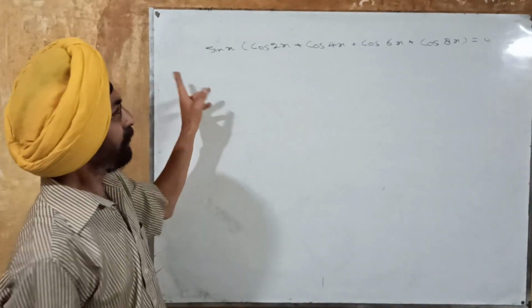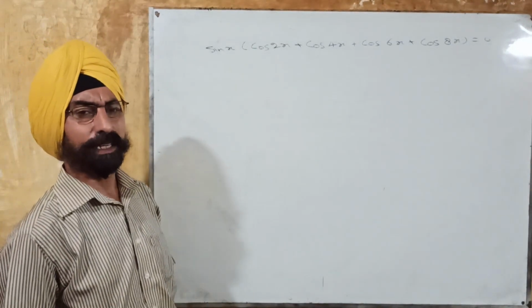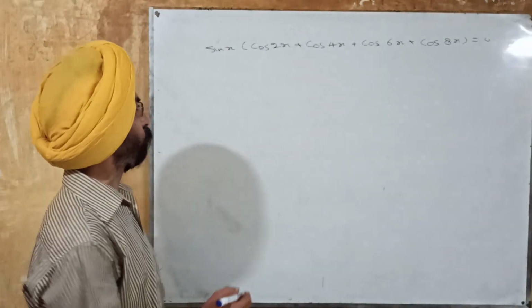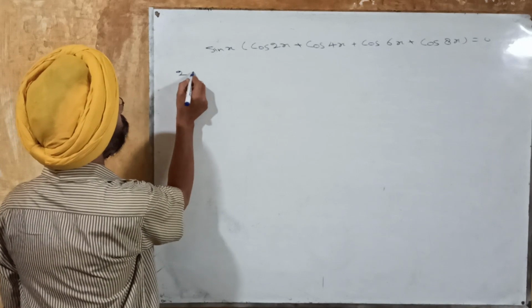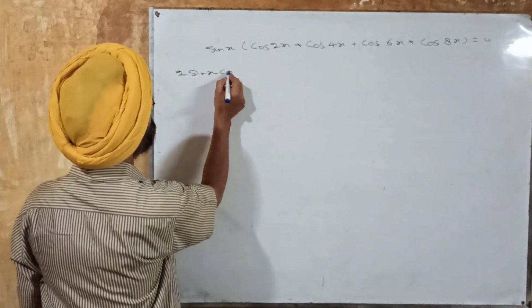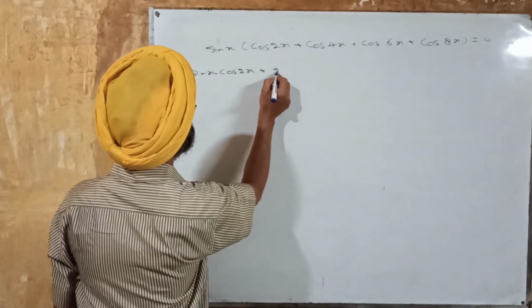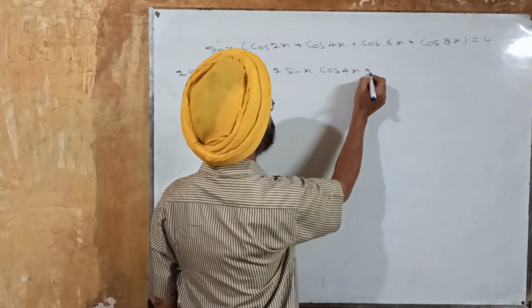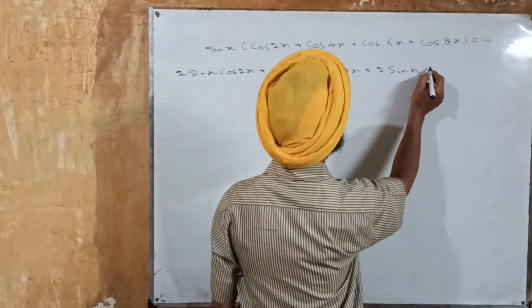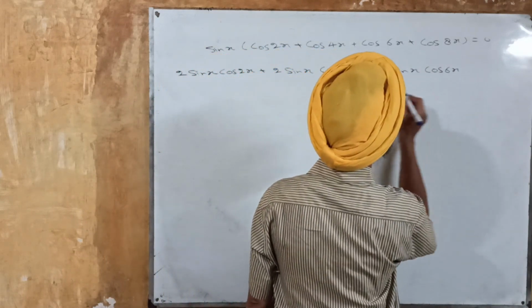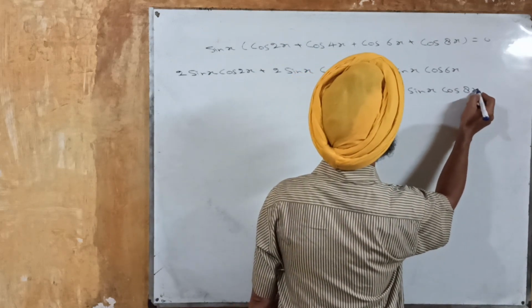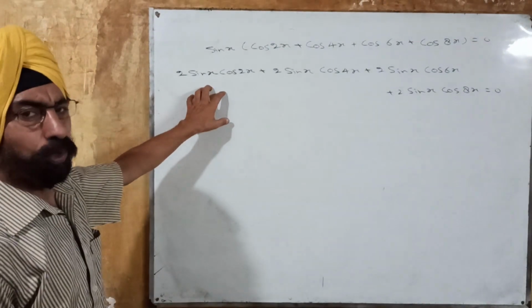Another way is to multiply the sin x within the bracket, that means opening the bracket, and multiply by 2. You will get 2 sin x cos 2x plus 2 sin x cos 4x plus 2 sin x cos 6x plus 2 sin x cos 8x is equal to 0. And now you can apply formulas here.